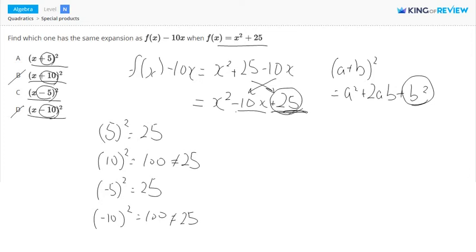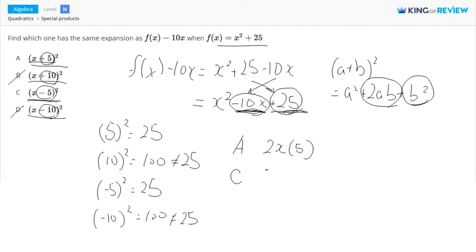Well, let's look at this number now. This number came from doing 2 times a times b. So when you do 2 times a times b for option A and option C, what do you get? Well, let's look at option A. It was 2 times x times 5. What about option C?